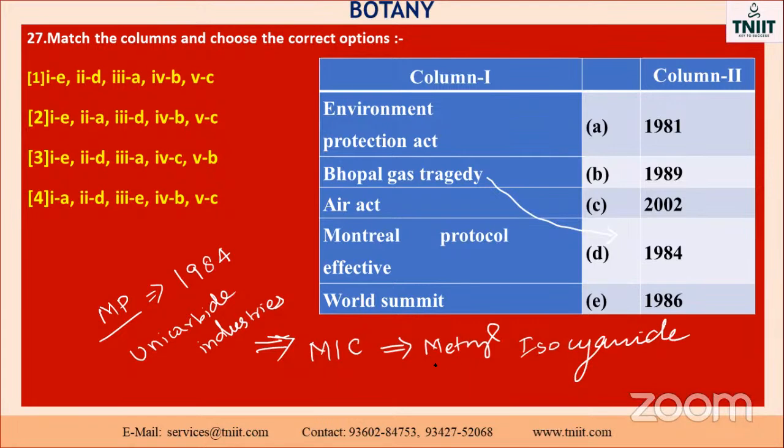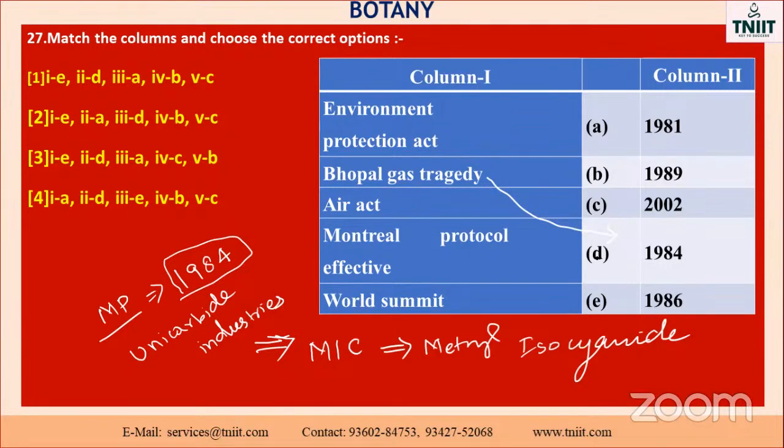As a result, what happened? Many people died; you can go and check on Google and get the idea. Methyl isocyanate was released during the midnight of the year 1984. Union Carbide is one of the industries, maybe a steel industry I think. As a result, so many people died. Those who were walking on the road also fell down and died. Okay, so the Bhopal one.